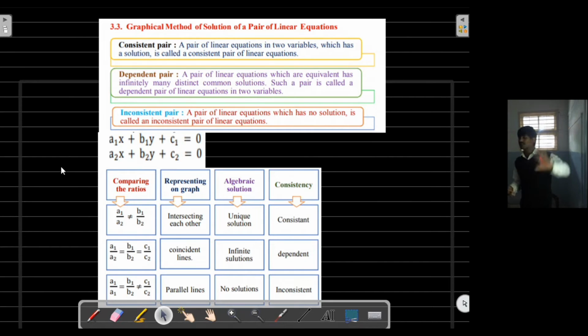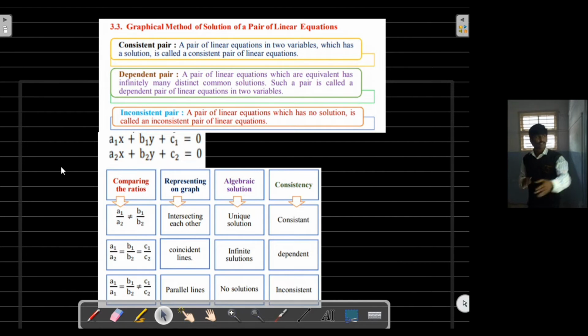So, consistent means solutions exist. Inconsistent means solution does not exist. Dependent pair means you get the same results, so you get an infinite number of solutions.